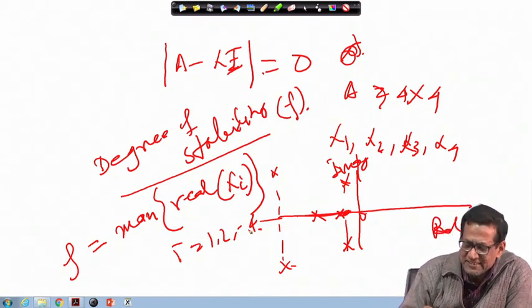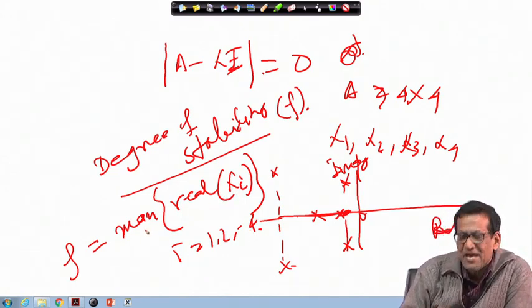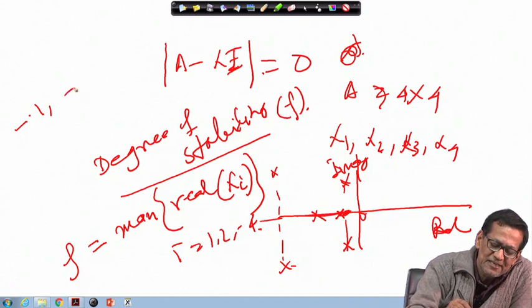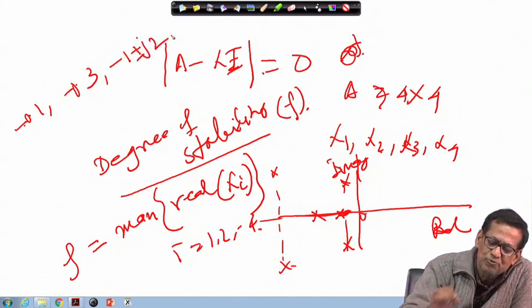That means we will take the real part of lambda i, then we will take the max value, because all eigenvalues are negative. Suppose one eigenvalue is minus 0.1, another is minus 0.3, another say minus 1 plus minus j2, right.